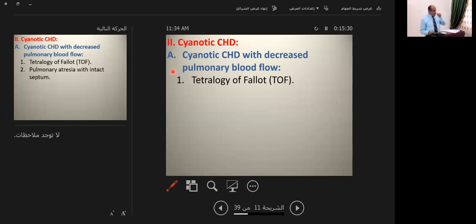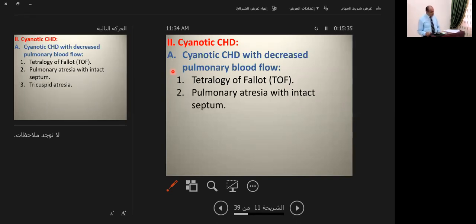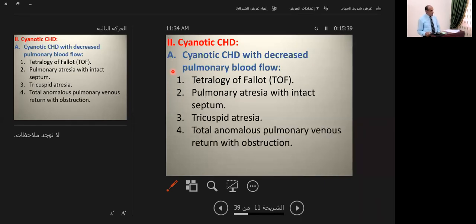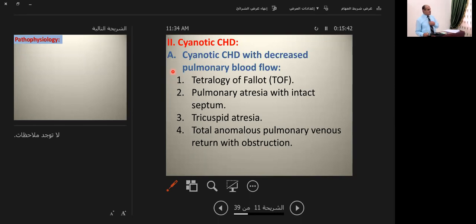Examples: tetralogy of Fallot, pulmonary atresia with intact septum, tricuspid atresia, and total anomalous pulmonary venous return with obstruction. Pulmonary venous return can be abnormal, with or without obstruction. Total anomalous pulmonary venous return with obstruction causes decreased pulmonary blood flow.